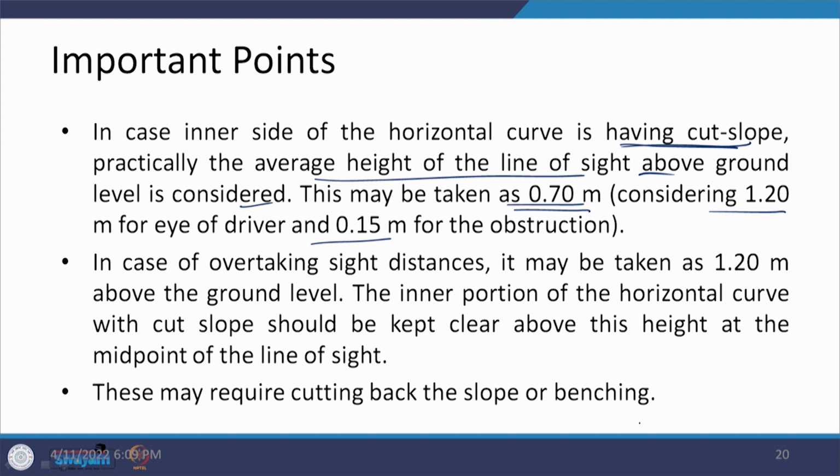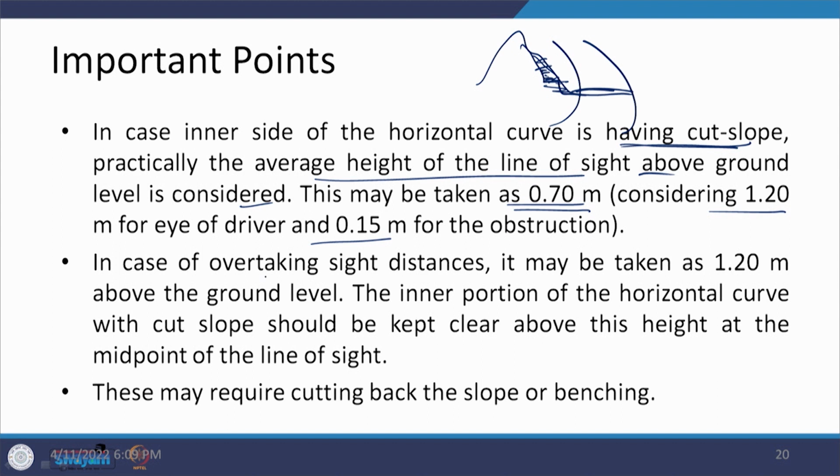So, that means on this type of a system, here the road is passing, and because of this obstruction, if the line of sight is getting a problem, you have to cut it in this manner. So, up to a height of 0.7 meter, this material is going to be cut.